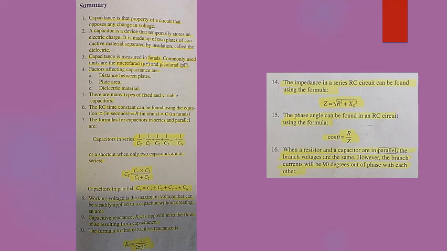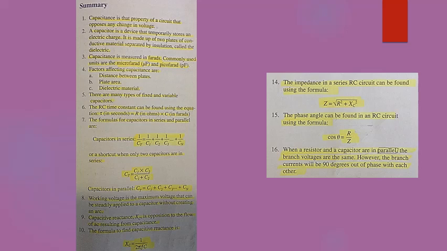9. Capacitive reactance, or XC, is the opposition to the flow of an AC resulting from capacitance. 10. The formula to find capacitive reactance is shown at the bottom left of your screen, where XC equals 1 divided by 2 times pi times frequency times your capacitance in farads.